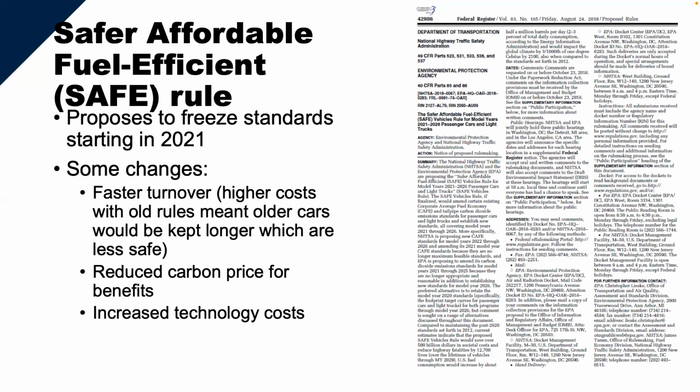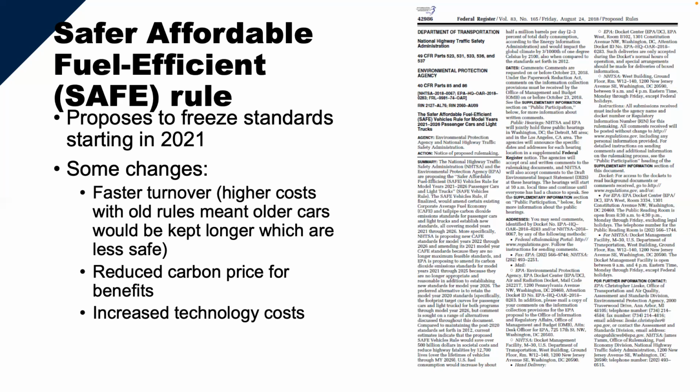Okay. And you can imagine a lot of the benefits that we would see in that time period would vanish. They tried to do these calculations where they basically said there's faster turnover, which leads to higher costs with the old rules.